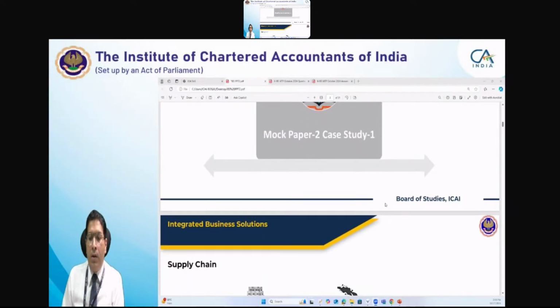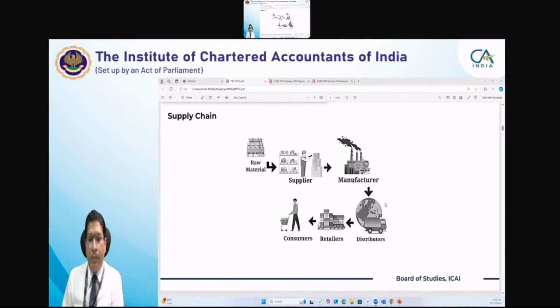Let me start with supply chain management. A supply chain is a network that connects all steps involved in delivery of a product to a customer, whether it's raw material suppliers, manufacturers, distributors, or retailers. Each step plays a crucial role in ensuring that products are available when and where consumers want them, at the right place.